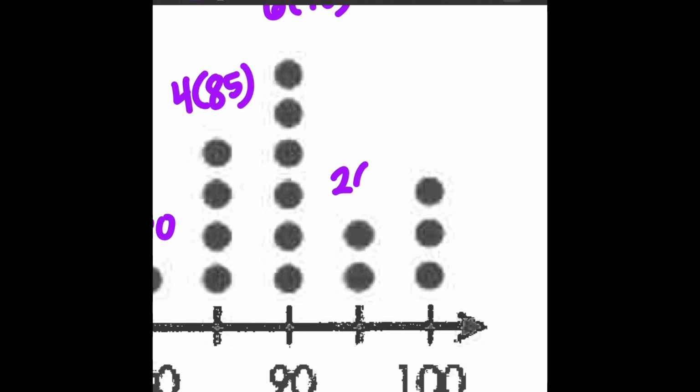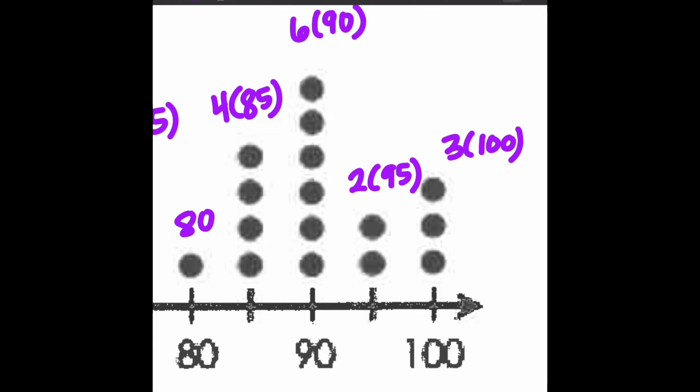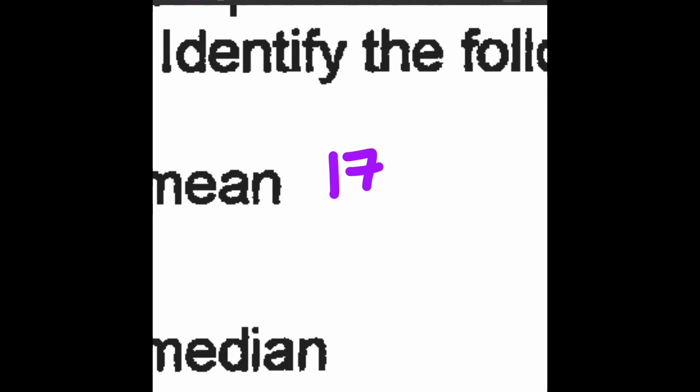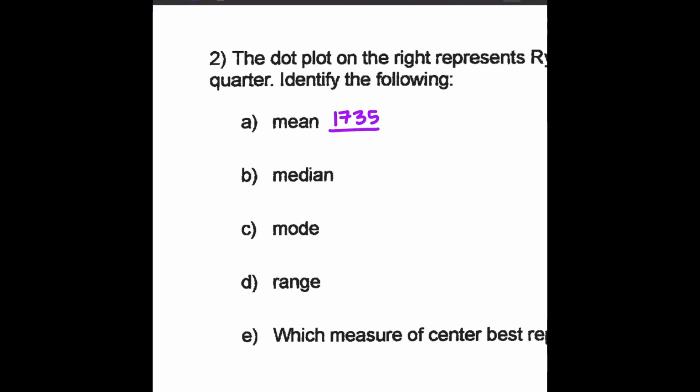I've got 2 times 95. And I have 3 times 100. Okay, so I'm going to put all of this into my calculator. And when I put all of that into my calculator, I find that it adds up to 1,735. And I'm going to divide that by the number of data points.